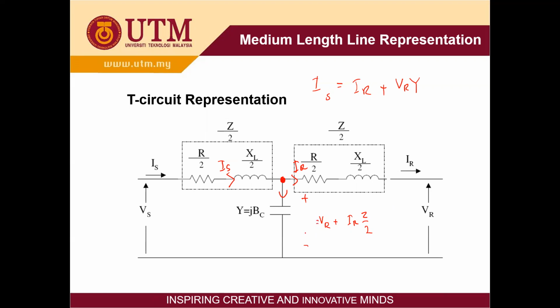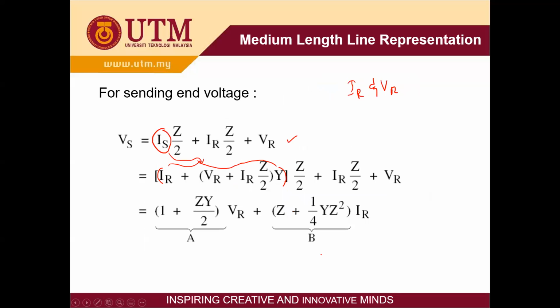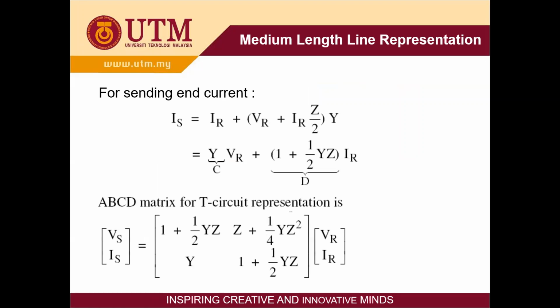So this is the voltage across this admittance. So we have VR plus IR Z over 2, and then we rearrange this.